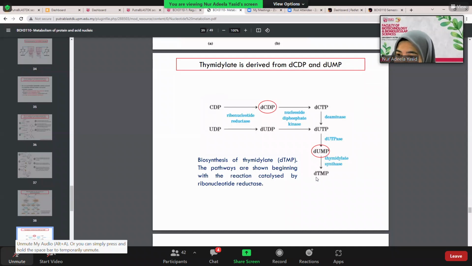From uridine to thymidine. If you still remember, in purine biosynthesis, we already discussed the formation of AMP and GMP, correct? Betul tak?